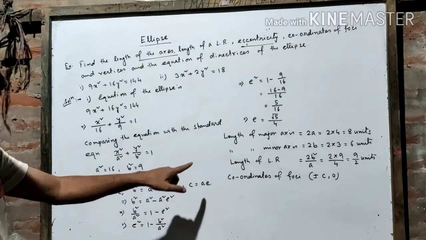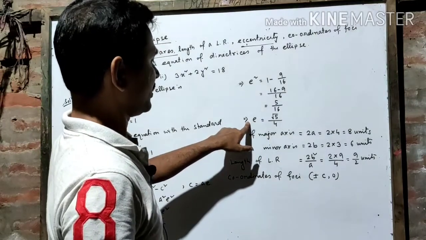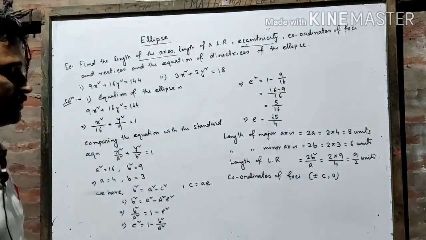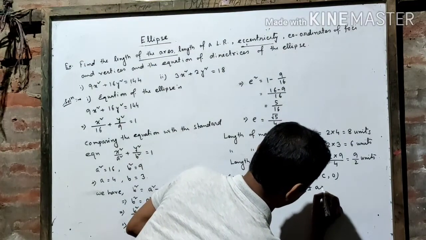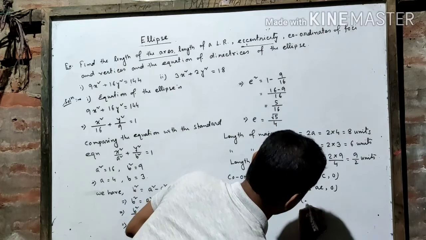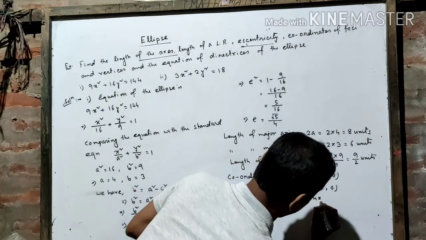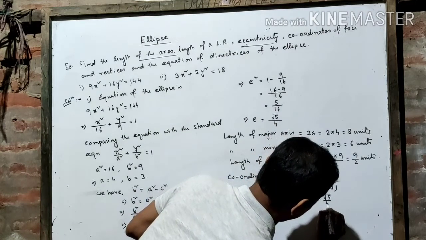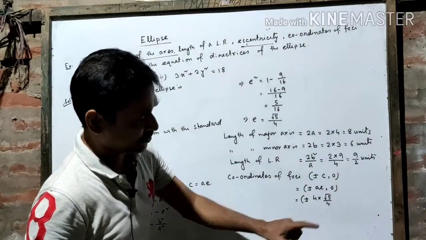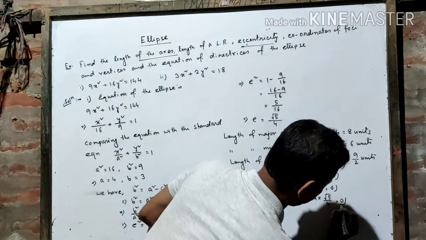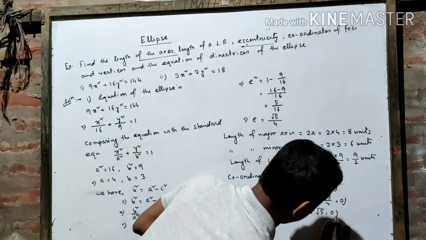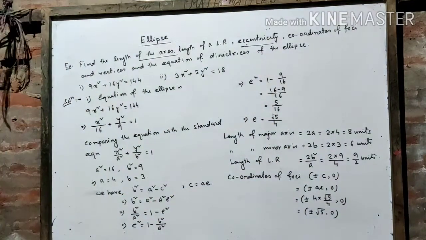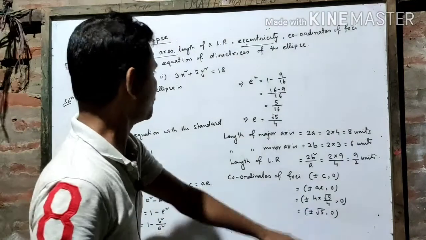What is the value of ae? Value of ae is root 7. Okay. Plus minus c is ae, 0, plus minus a means 4, root 7 by 4, a is 4, e is root 7 by 4, comma 0, this is equal to plus minus root 7, 0. So coordinates of foci are plus minus root 7, 0.